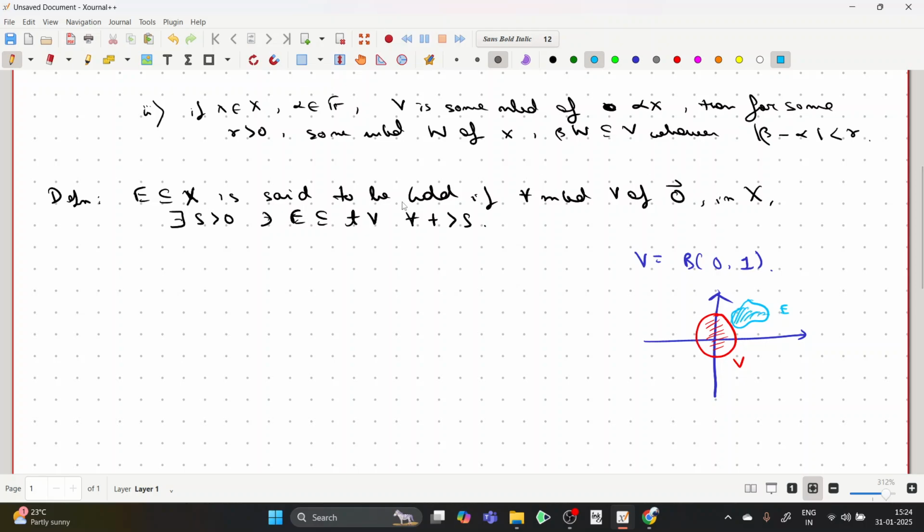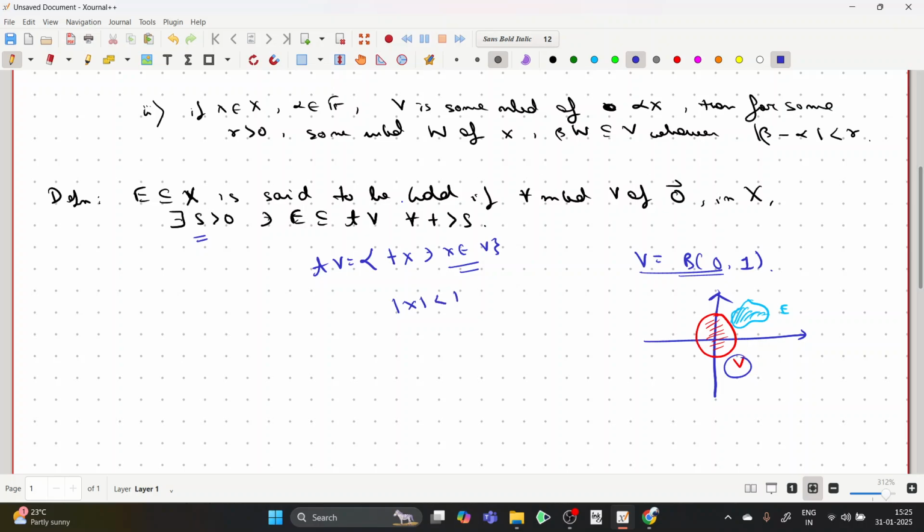What it's trying to say is that I have some positive real number s such that whenever I scale this neighborhood V by t... Now what does tV mean with our conventional definition from the previous lecture? It is the collection of all the points tx such that x is in V. By definition of V, the modulus of x is less than 1.